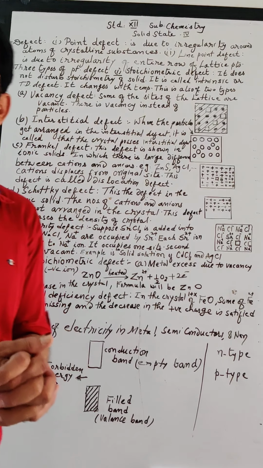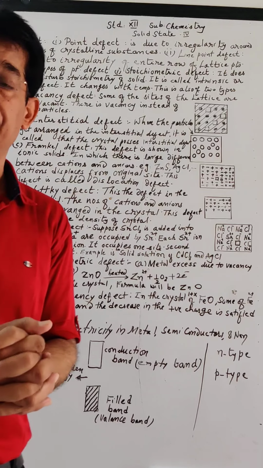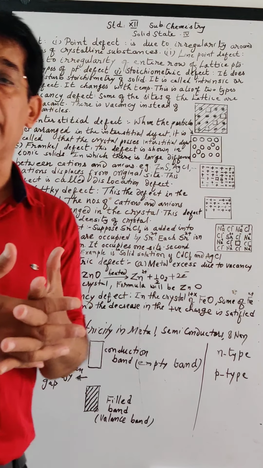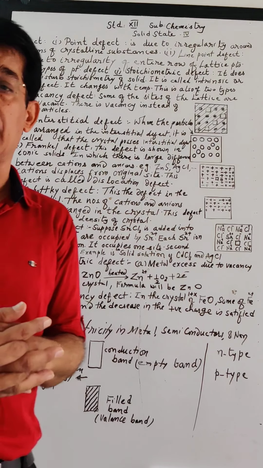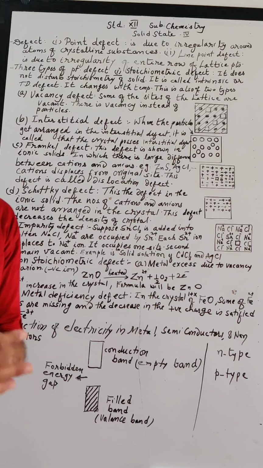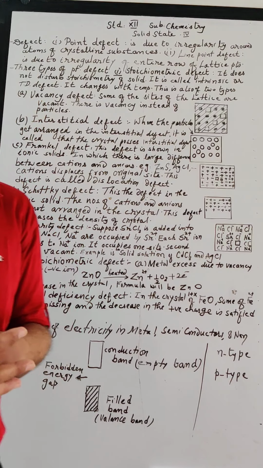Metal deficiency defect. Another non-stoichiometric defect is metal deficiency defect. It is very difficult to prepare solids according to their stoichiometry. They possess a smaller number of metal atoms than calculated. For example, FeO.